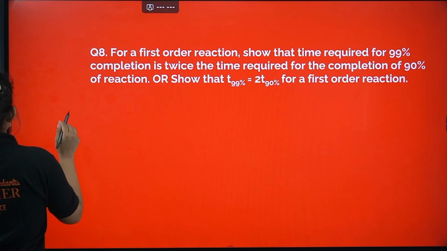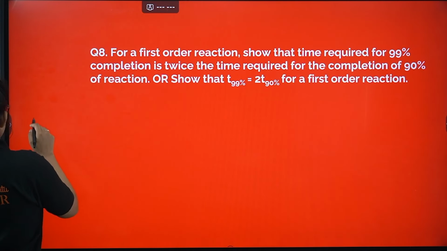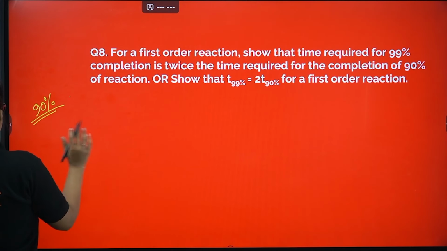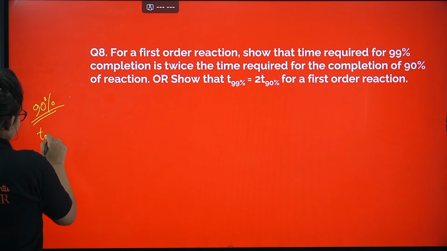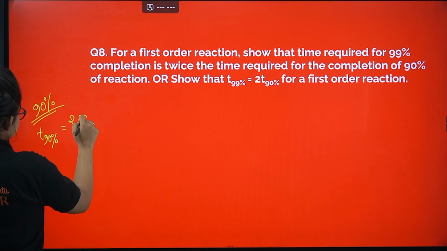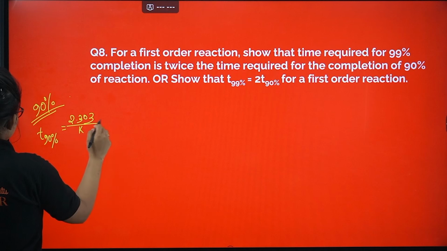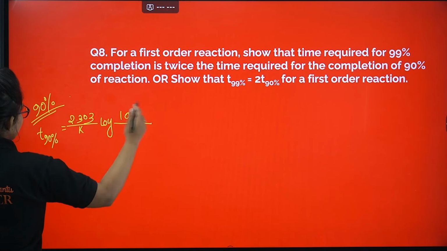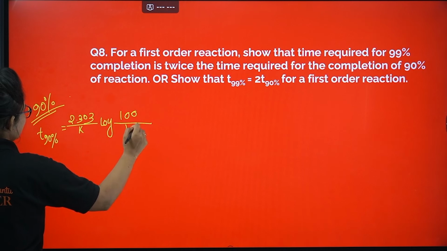So we know if I am having a first order equation, let's calculate it at first for 90%. So T 90% should be equal to 2.303 divided by K into log. Initial concentration is 100 and after 90% completion it should be 10.